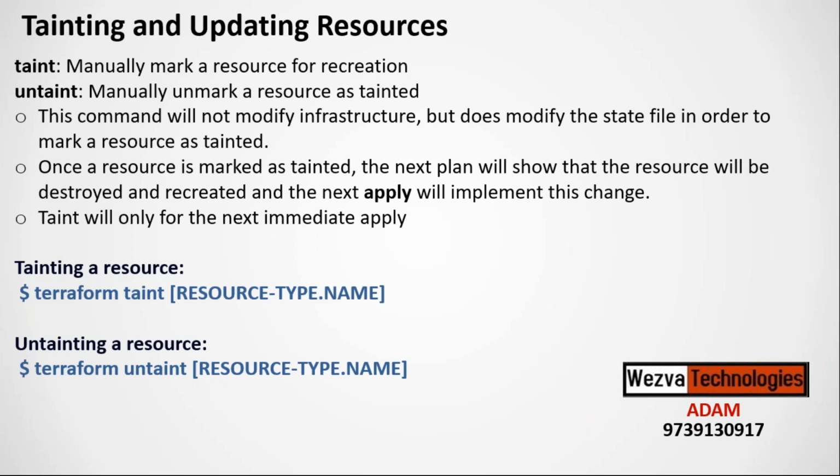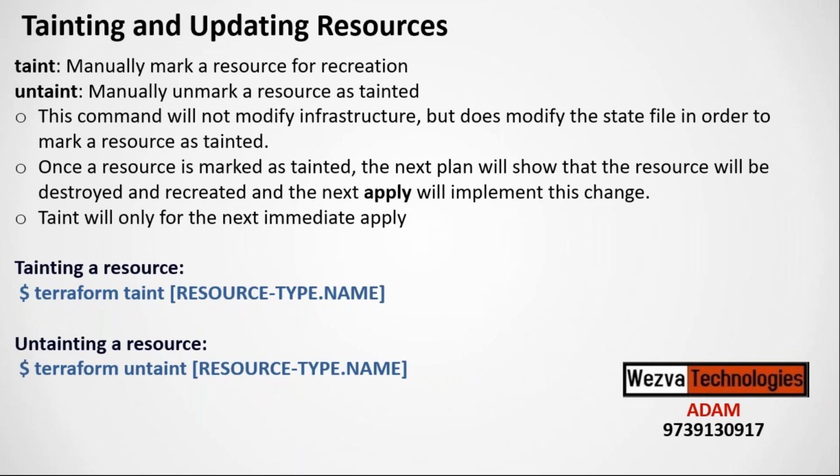Okay. Now, if there is a requirement, ourselves, we can mark a particular resource as taint, and on the next execution of Terraform plan and Terraform apply, Terraform will forcibly recreate it. Okay, only on the immediate or the next consecutive Terraform plan and apply, Terraform will recreate.